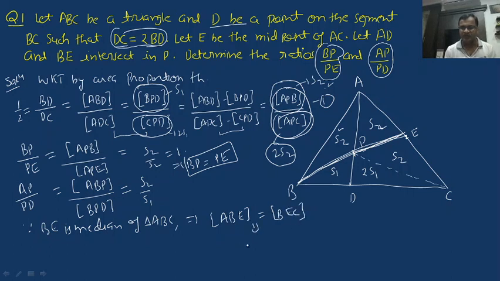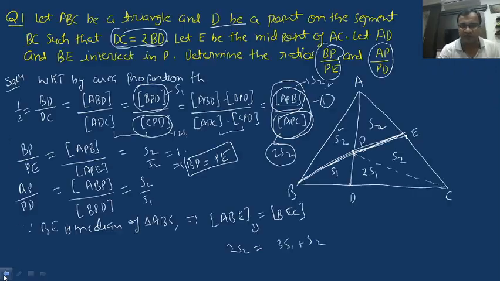The area of triangle ABE is 2S2, and the area of triangle BEC is 3S1 plus S2. So we can write S2 equals 3S1. This implies S2 by S1 is 3 by 1.